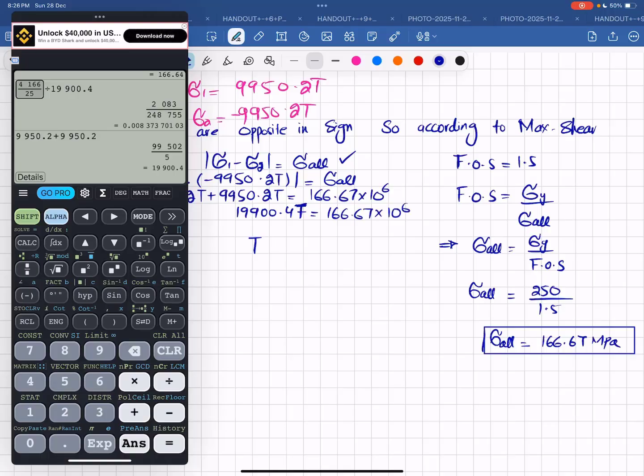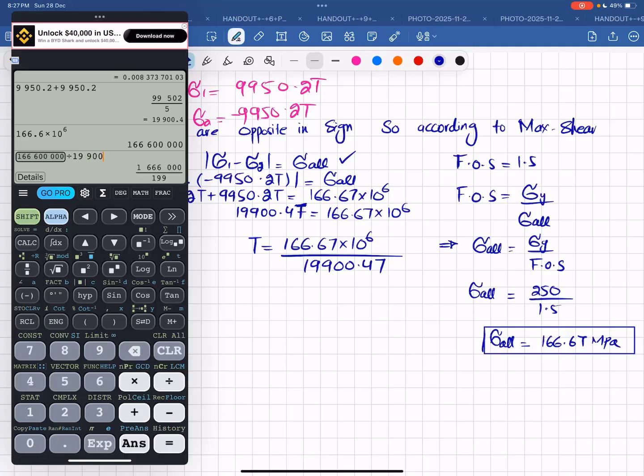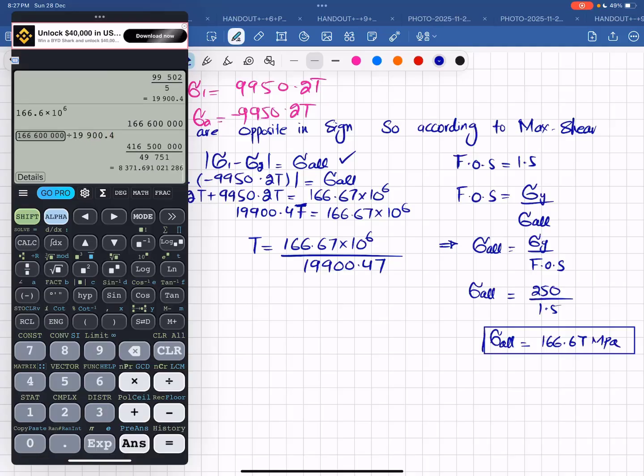From here, t will be equal to 166.67 times 10 raised to power 6 divided by 19900.4. You can see that the torque is equal to 8371.69, and the unit is Newton meter.